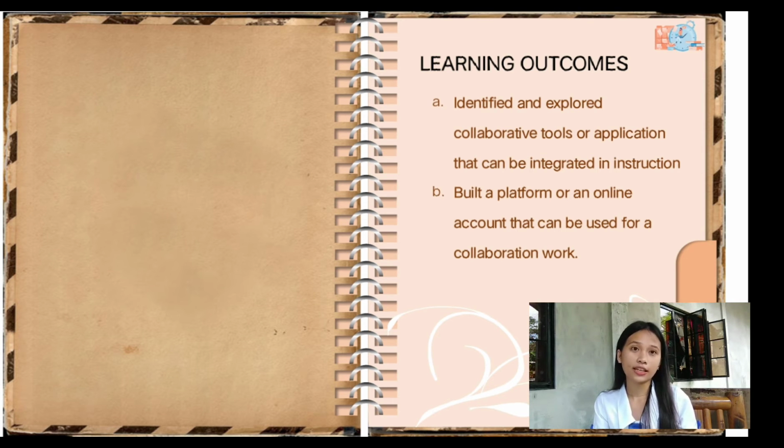They can build an online account or their personal account to access and use for collaboration work. The word collab means to work with another person or group to do or to achieve something.